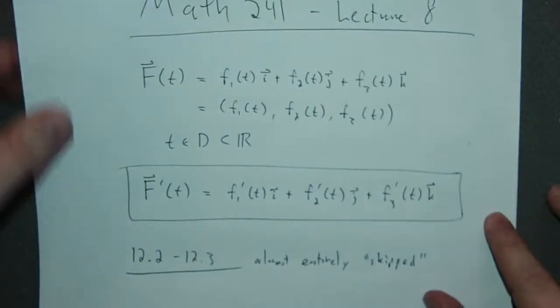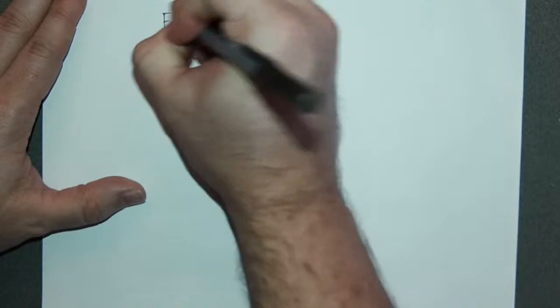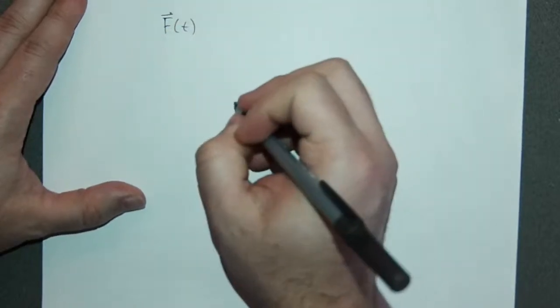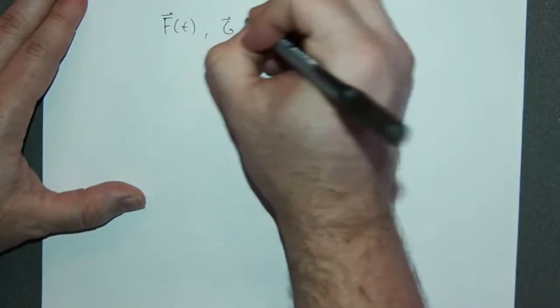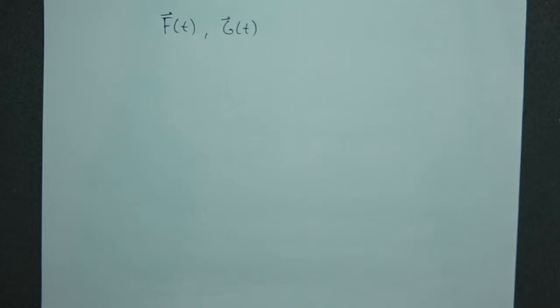The main point is just like I could define pointwise addition or pointwise multiplication for real valued functions, for vector valued functions I can do similar things. So if I have two vector valued functions, say big F of t and big G of t, using the same notation, this has component functions little g sub 1, g sub 2, and g sub 3.